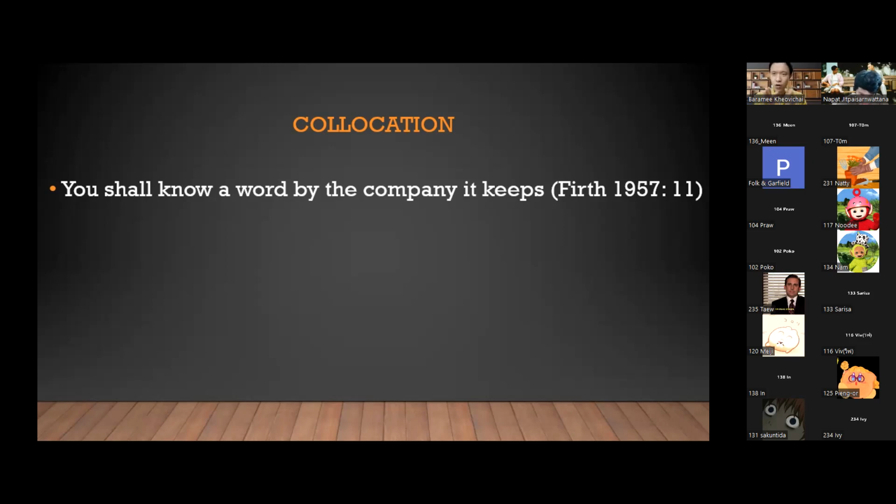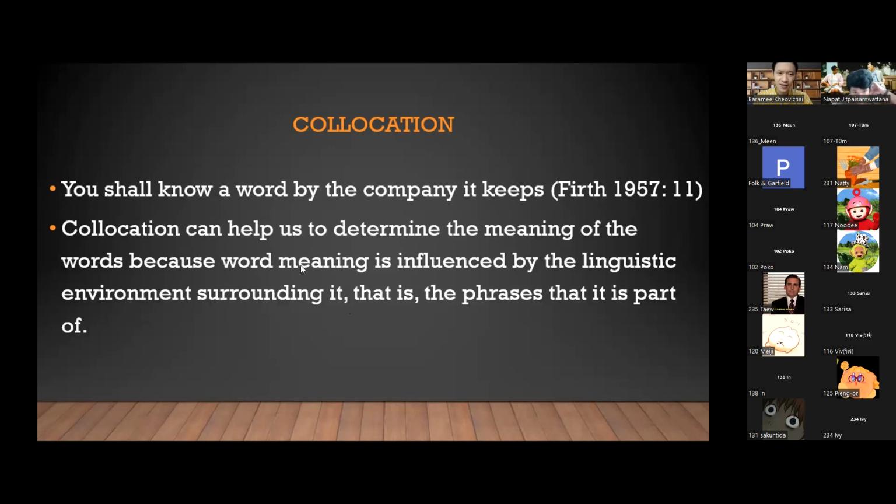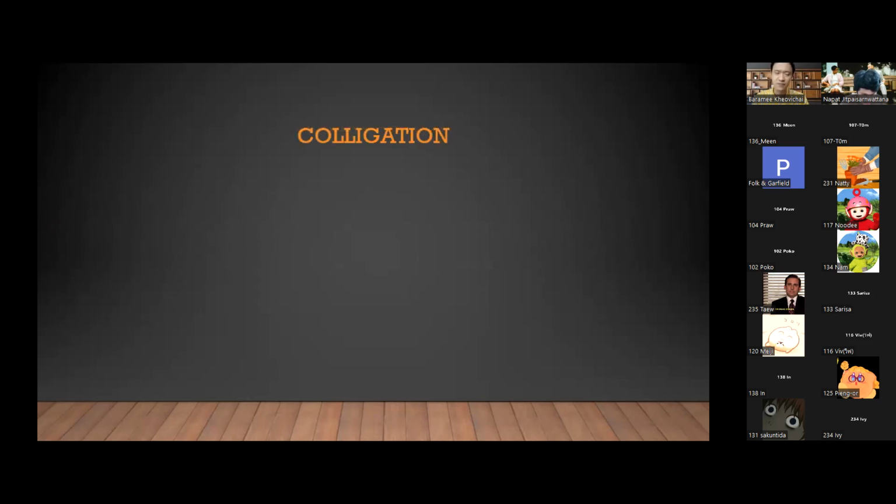When they co-occur with other words, the meaning is influenced by those other words. So that's why collocation is really important, because it can help us determine the meaning of words. Word meaning is influenced by the linguistic environment surrounding it, or the phrases it is part of, especially the collocation of that word.